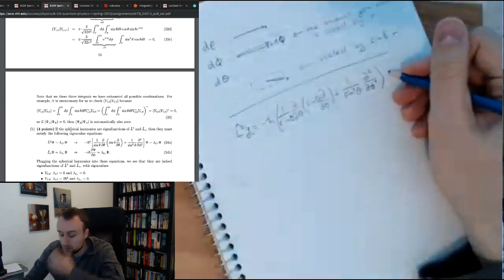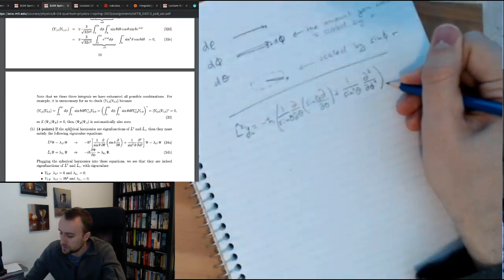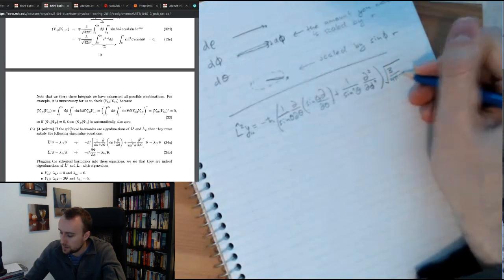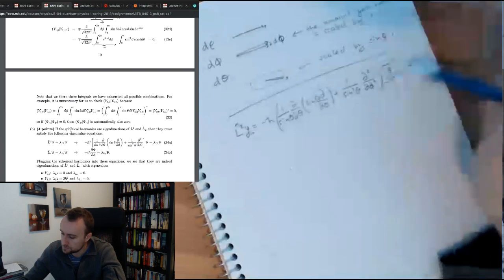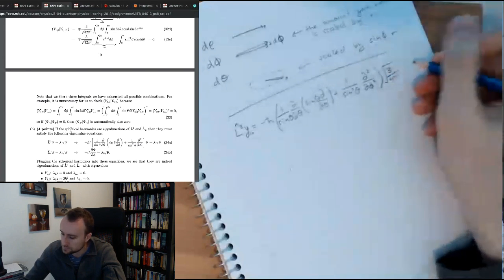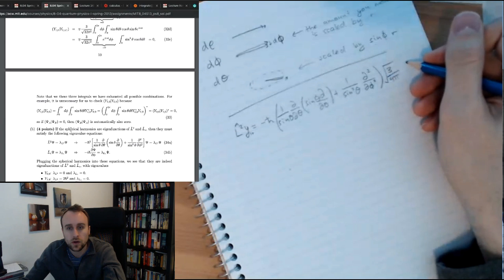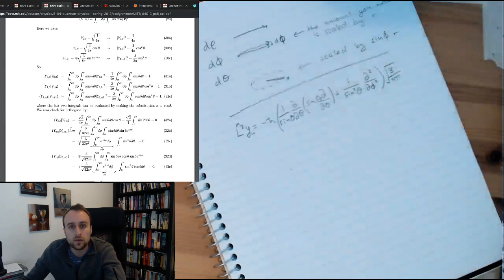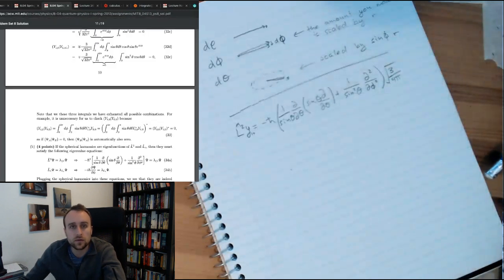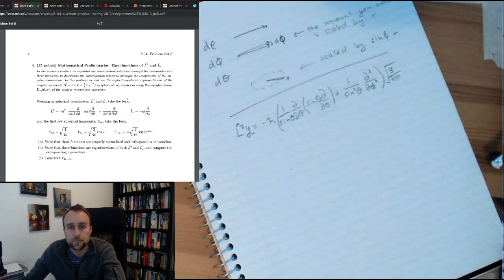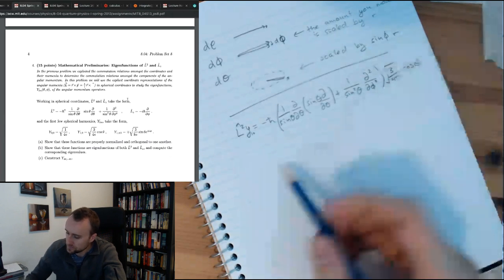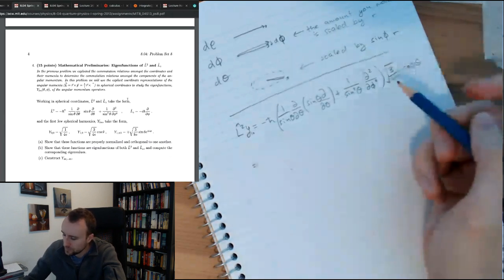And then this is going to be Y10, which is equal to root 3 over 4 pi, root 3 over 4 pi. What was the? Oh, this is the answer here. We want cosine theta. What is this equal to?